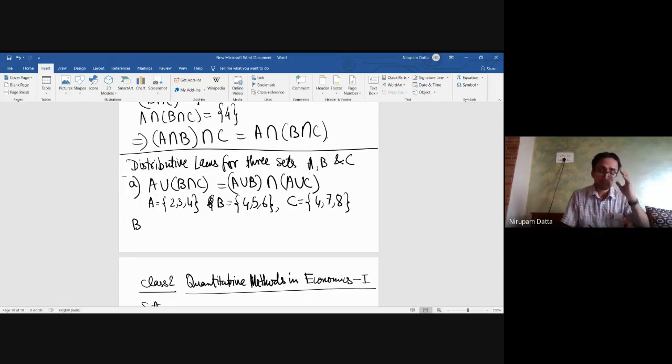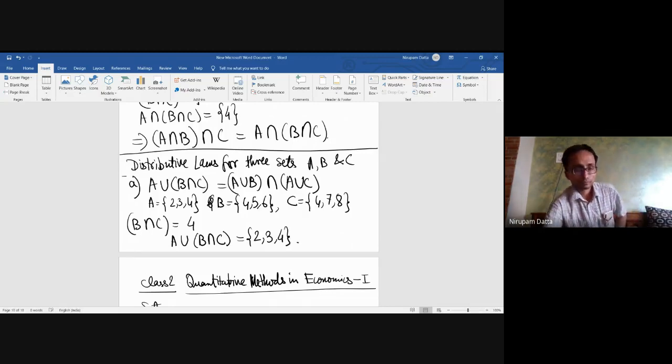We should not use the term how much in the case of set operations; we should say what are the elements. The common element is 4. Now you have to make A union with that of B intersection C. So what do we get? 2, 3, 4.